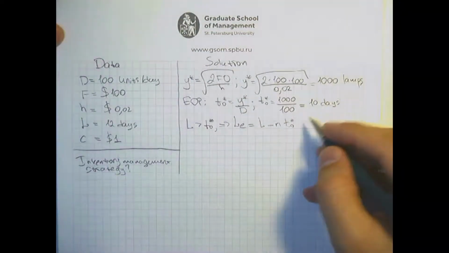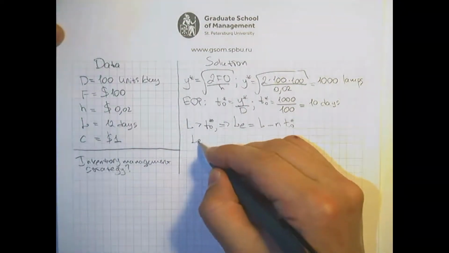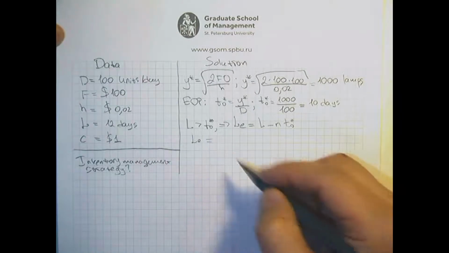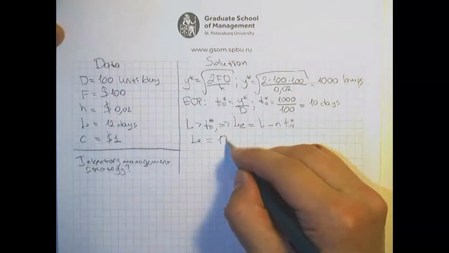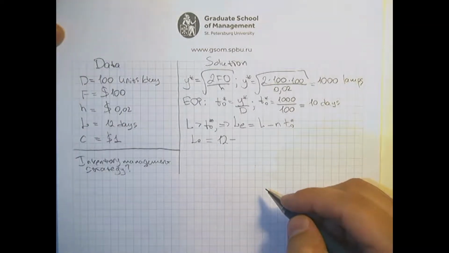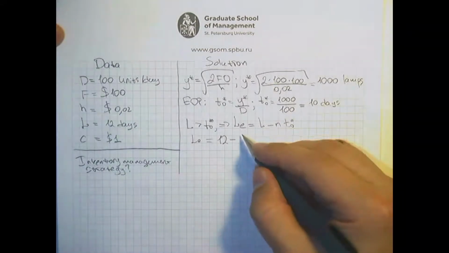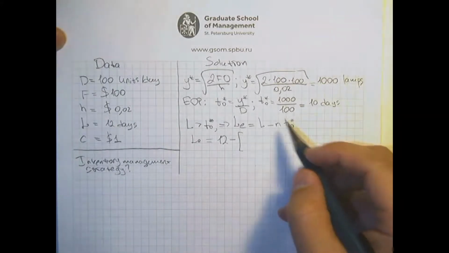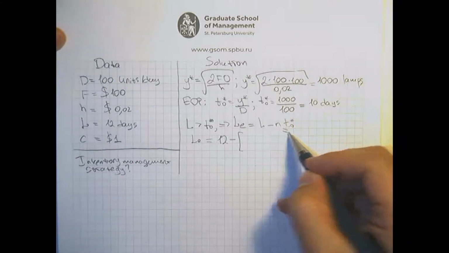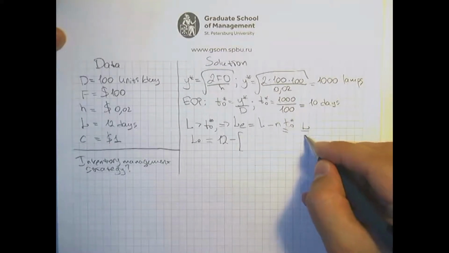And we may find n as the integer part of the fraction L over T O star.